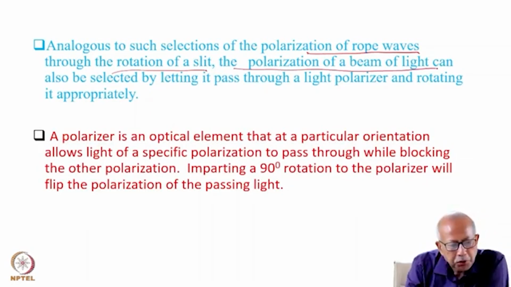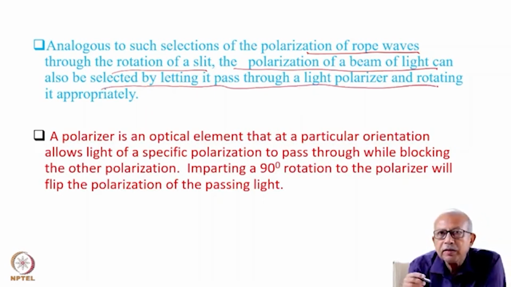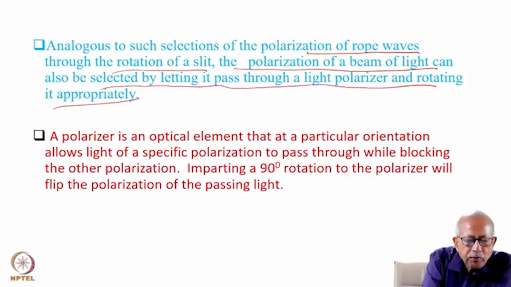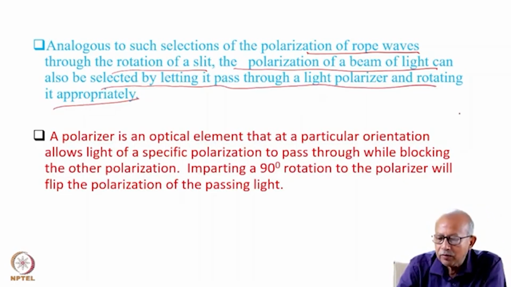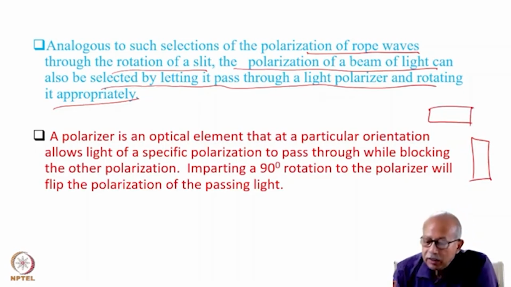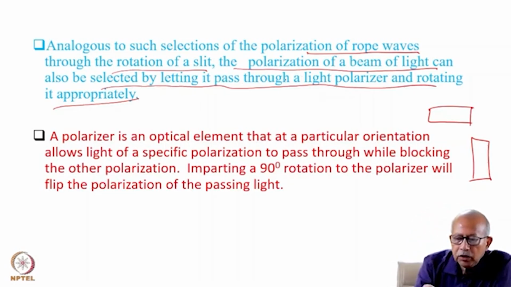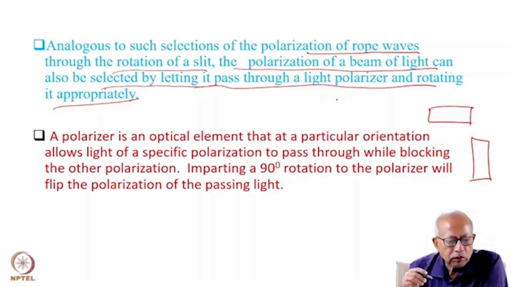Analogous to such selection of the polarization of rope waves through the rotation of a slit, the polarization of a beam of light too can be selected by letting it pass through a light polarizer and rotating it appropriately, like you have rotated the slit from horizontal to vertical position to allow either the passage of the wave or block the passage of the wave. Similarly, the rotation of this polarizer will either let the wave pass through or block.